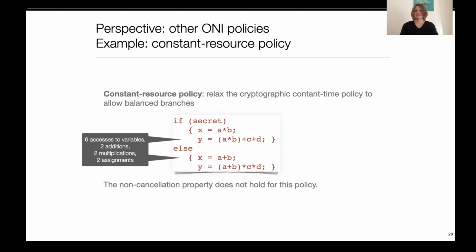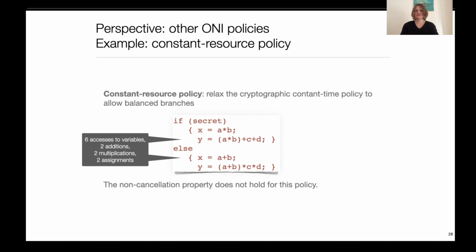This policy is interesting as it tolerates branchings depending on secret values, as long as the branches are balanced in terms of resources, which corresponds to what some people and some verification tools do in practice. However, because leakages are not constrained in balanced branches, the non-cancellation property fails for this constant resource policy.